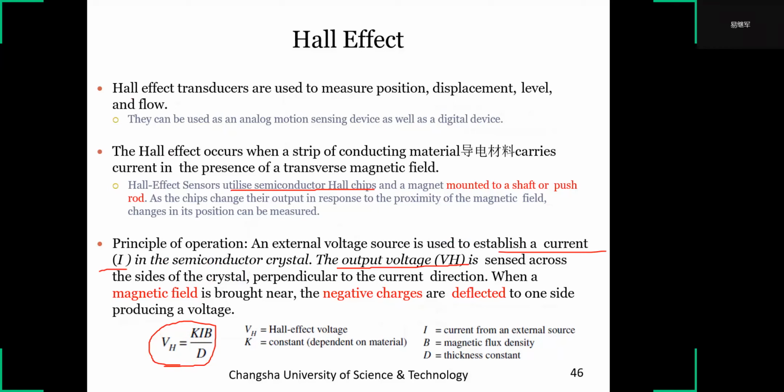K is a constant dependent on the material, I is the current, B is the magnetic flux density, and D is a thickness constant.